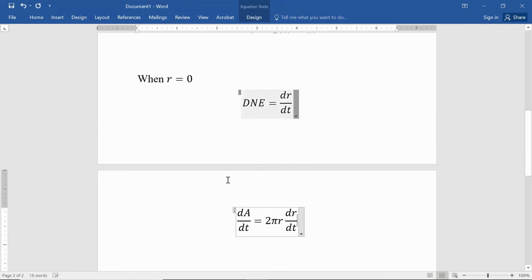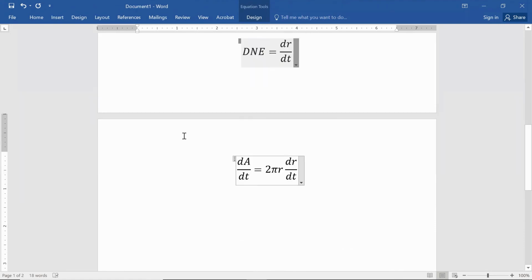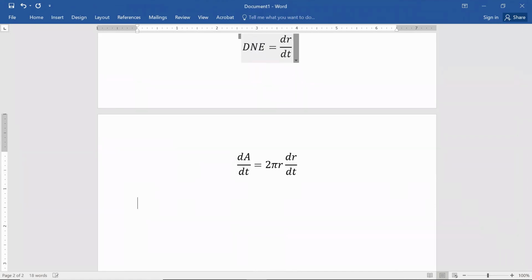So if I wanted to look at the change of area when the radius is 10, what I can do is say the change in area with respect to t is 2 times pi times r.